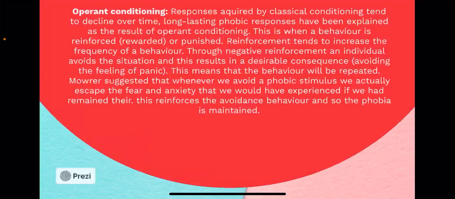Through negative reinforcement, an individual avoids the situation, and this results in a desirable consequence, so avoiding the feeling of panic. This means that the behaviour will be repeated. Mowrer suggested that whenever we avoid a phobic stimulus, we actually escape the fear and anxiety that we would have experienced if we had remained there. This therefore reinforces the avoidance behaviour, and so the phobia is maintained.